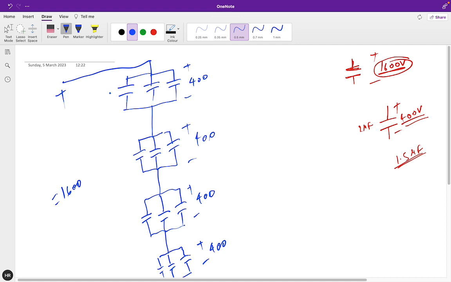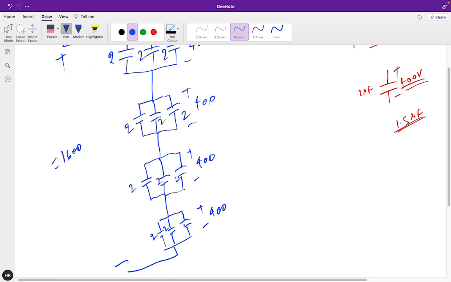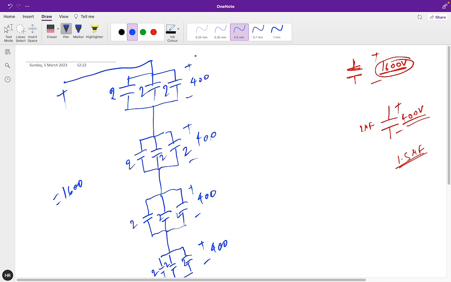The value of one capacitor is 2, 2, 2, 2. In parallel, capacitors get added, so it will make an equivalent capacitor of how much? 2 plus 2 plus 2 is 6, 6, 6, 6, and this is plus minus 1600, and these are all in series.